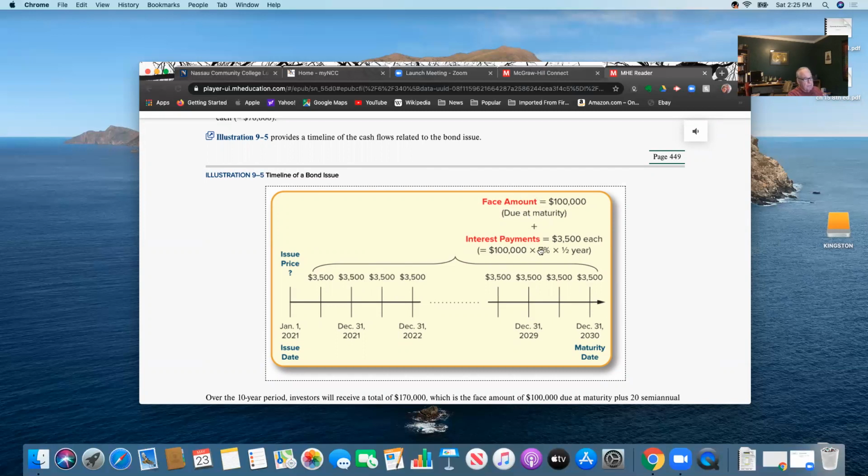Notice, these bonds are 7% bonds. The interest rate is 7%. So 100,000 times 7% is $7,000 a year, or $3,500 every 6 months. That's typically how bonds are sold. They pay interest every 6 months.